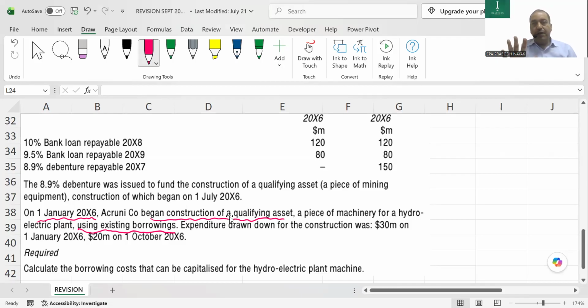See, we all agree that it is not one particular amount; I'm going to make use of a combination of loans. What combination? Is it 120 plus 80, 120 plus 150, only 120, or 80 plus 150? You can put your answer in the chat box.